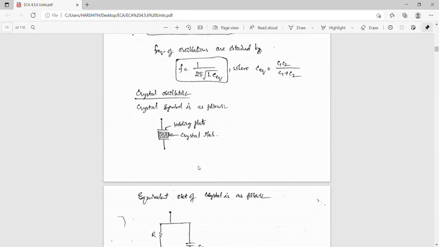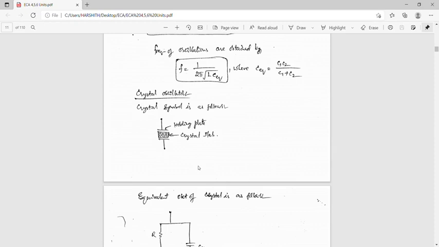Every crystal has its own resonating frequency depending on its cut. So under the influence of mechanical vibrations, the crystal generates an electrical signal of very constant frequency. The crystal has greater stability in holding the constant frequency. So a crystal oscillator is basically a tuned circuit oscillator using a piezoelectric crystal in its resonant tank circuit.